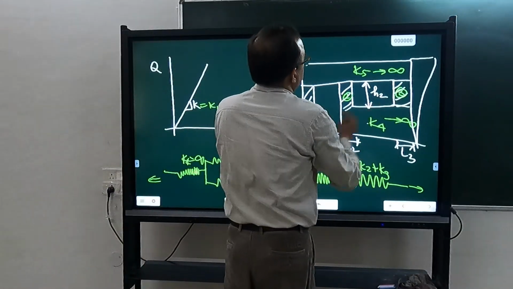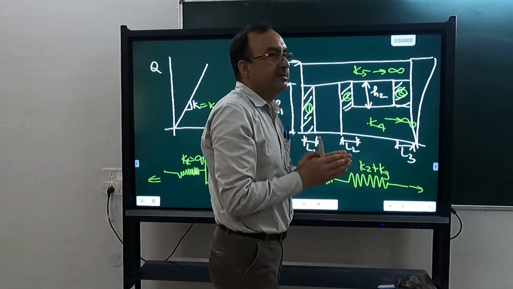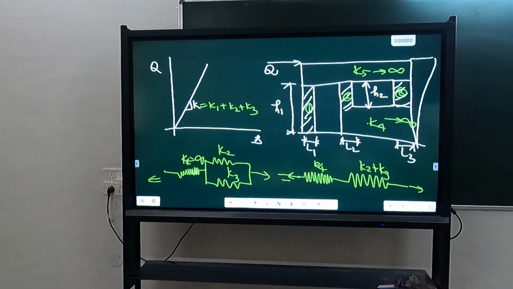All of you agree? Because the whole of this assembly is in series with K5. So if you add infinite stiffness in series, it has no effect. If you add 0 stiffness in parallel, it has no effect.